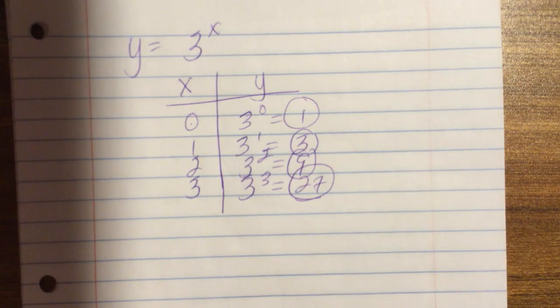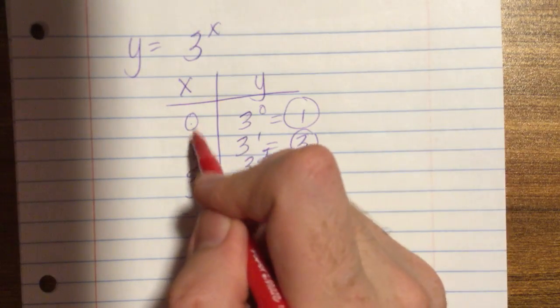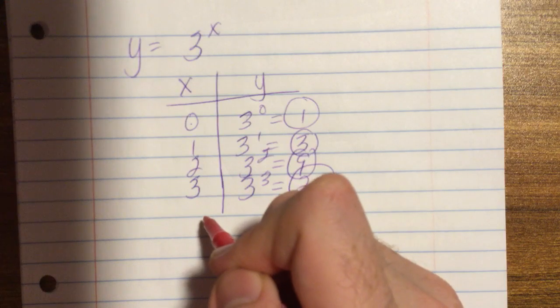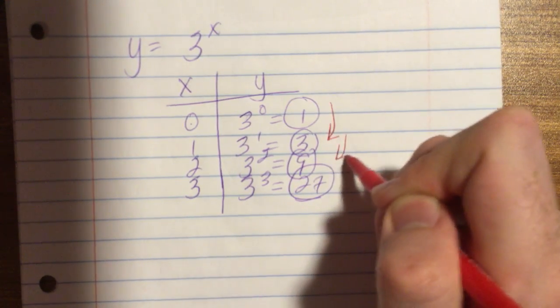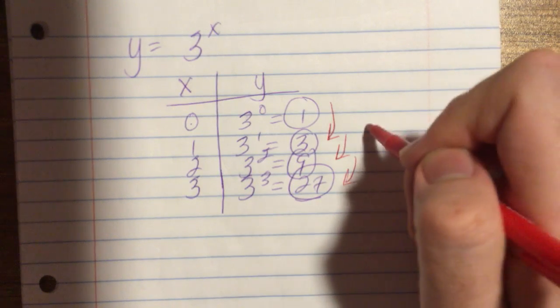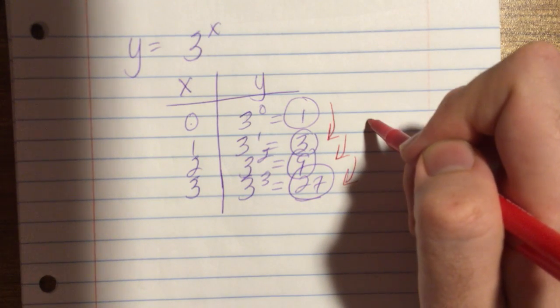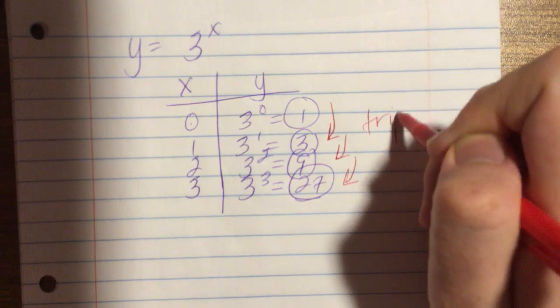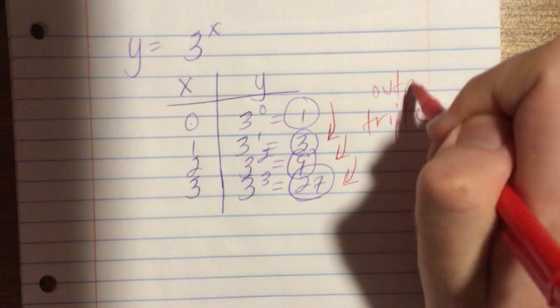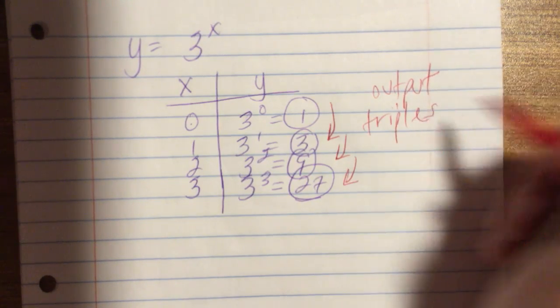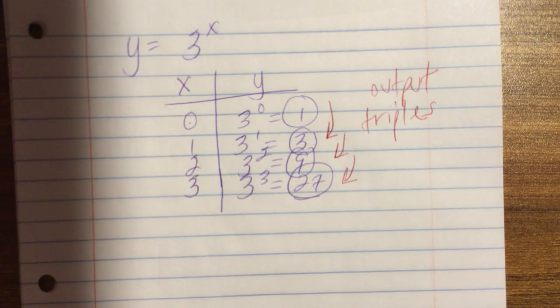And what you notice in this case is that our x values, our input, increases steadily still, but our output values are rapidly growing. They triple each time. The output is tripling.